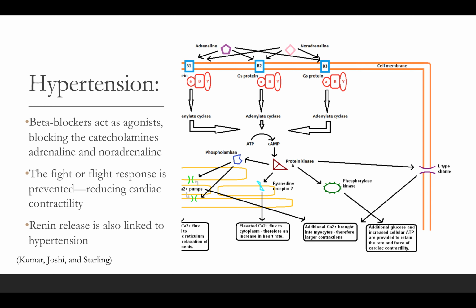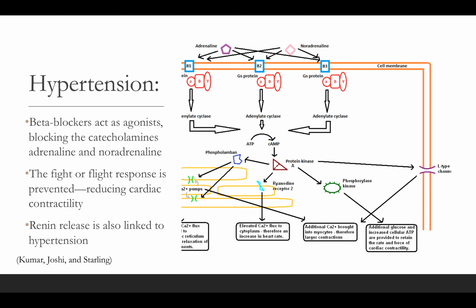The G subunit in the beta-1 adrenergic receptor, upon activation, upregulates adenylyl cyclase, which converts ATP to cyclic AMP. With the increased presence of cyclic AMP, protein kinase A phosphorylates calcium channels, which increases cellular calcium influx.